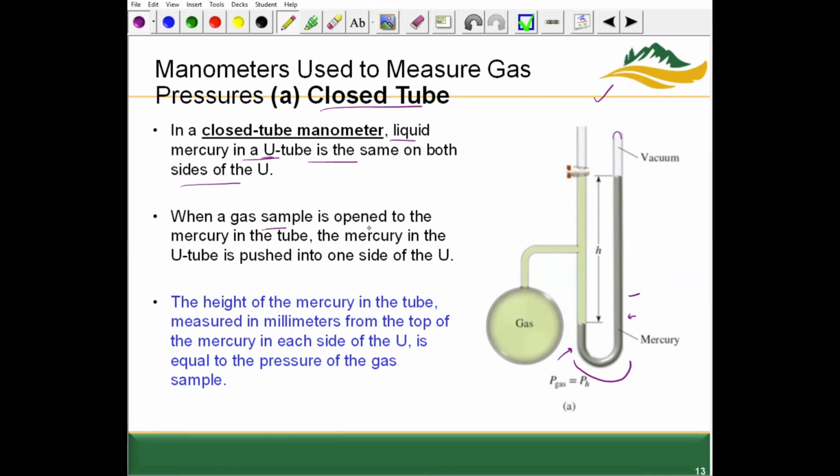When a gas sample is open to the mercury in the tube, the mercury in the U-tube is pushed into one side of the U. So this gas sample here is then opened to the mercury that is still contained on both sides of the U. Initially, the level of mercury might have been somewhere here or up here, depending on what was in this gas vessel initially. But here we have a gas present.